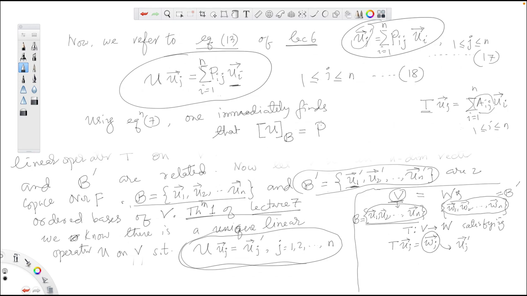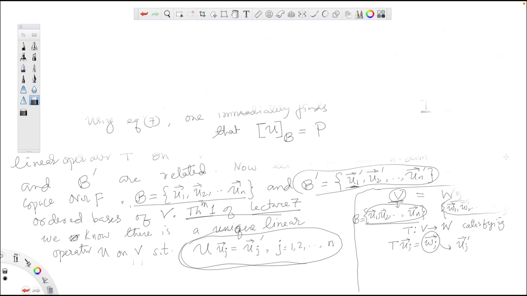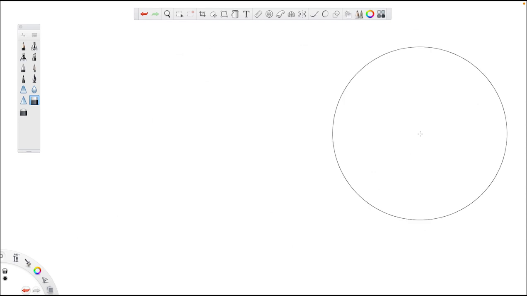Okay, good. Let us try to summarize formally the things that we have found so far. This is what we call Theorem 4.